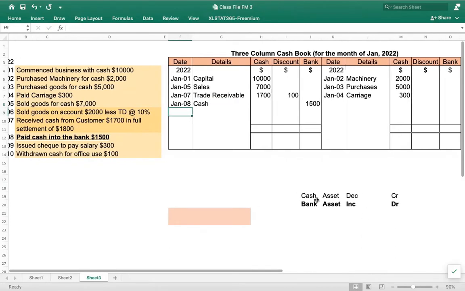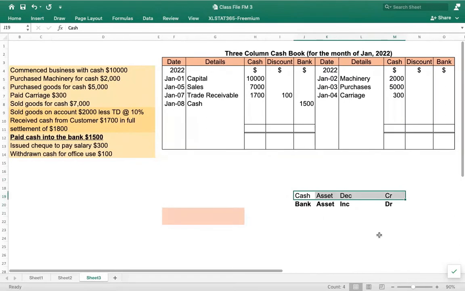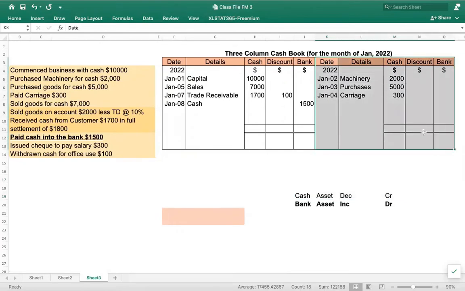Now I am going to record in cash. In bank, I have recorded, right? Yes. Now in cash, is cash debited or credited? Credit. So in the credit side, I will record in the cash column because cash is decreasing. 1,500. And the name of the other account? Bank.